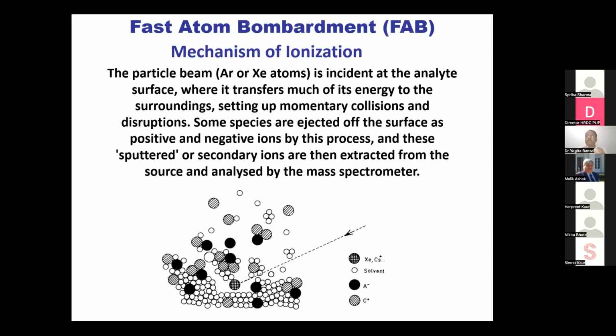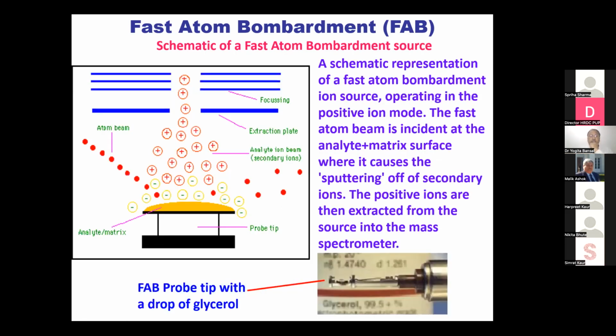And when the molecules collide among themselves, they transfer charge from one molecule to another, resulting in the ionization of the solute molecules, of the sample molecules. Once they are converted to ions, they are desorbed from the plate by current, and they are moved to the analyzer.